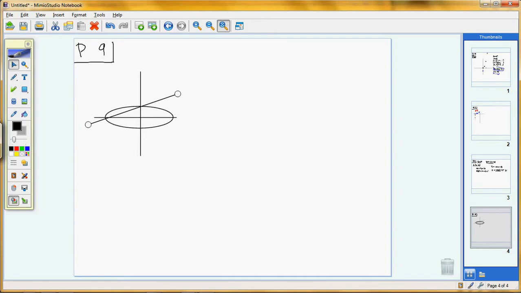So we have that graph, and we have two equations: x squared plus 16y squared equals 25, and also y equals 1/4 times x plus 5. Match each graph.